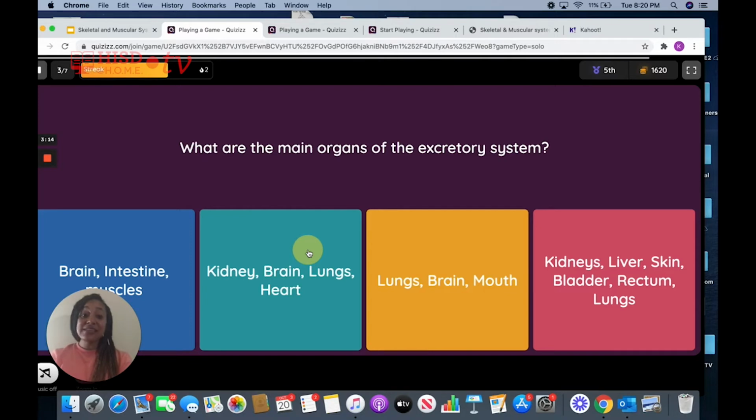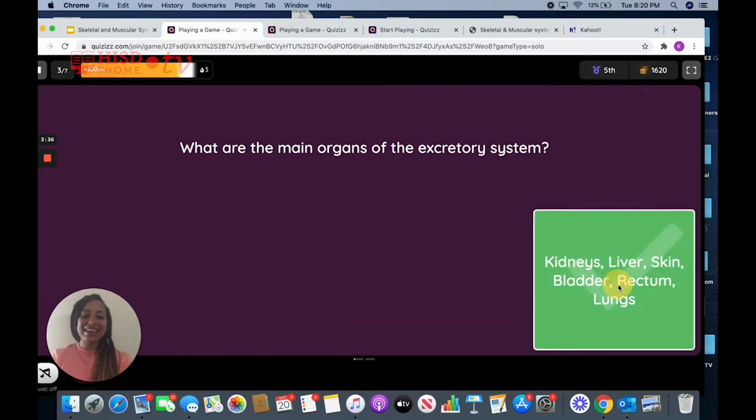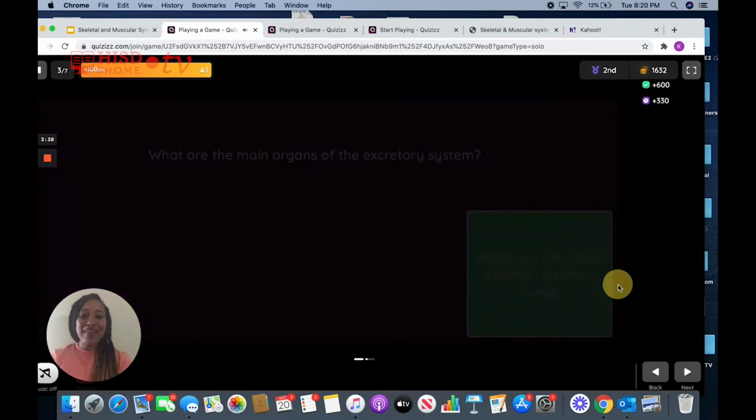The lungs and brain and mouth, you think? No, I have no idea. Can someone help me? We think it's this one: kidneys, liver, skin, bladder, rectum, and lungs. You sure? Yes? All right, let's see. Great job. Thank you for the help.